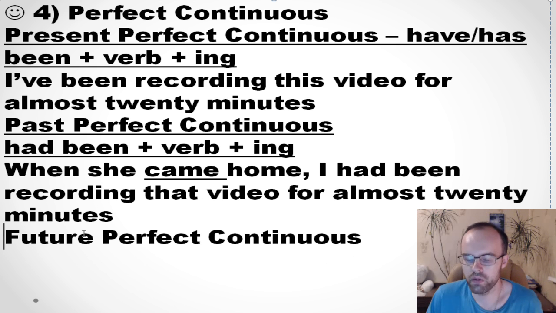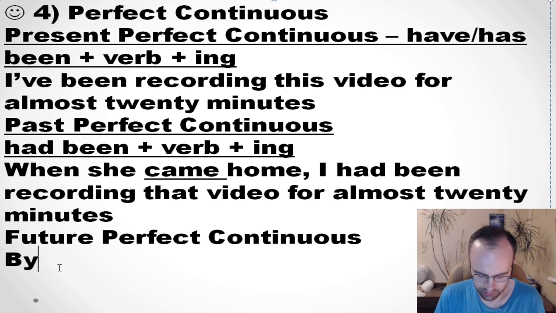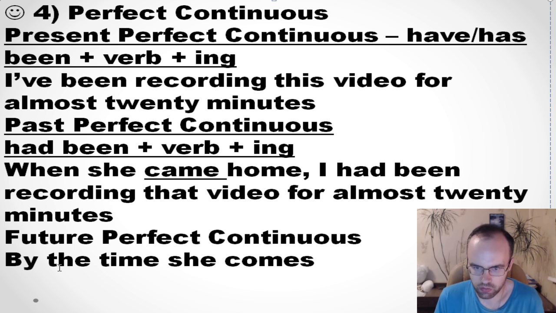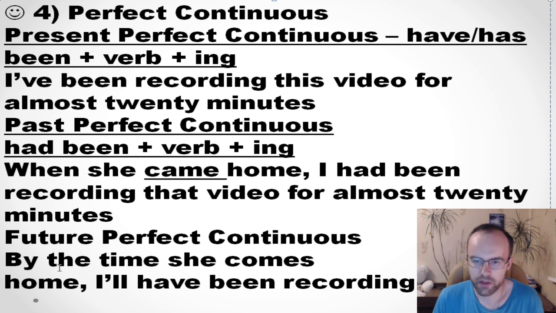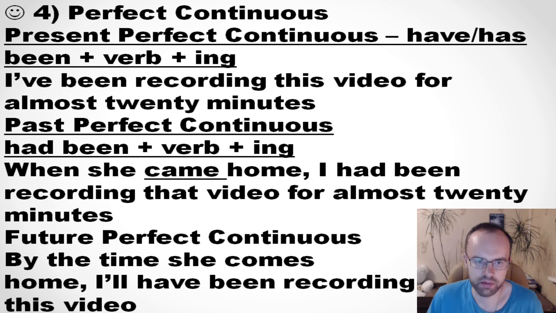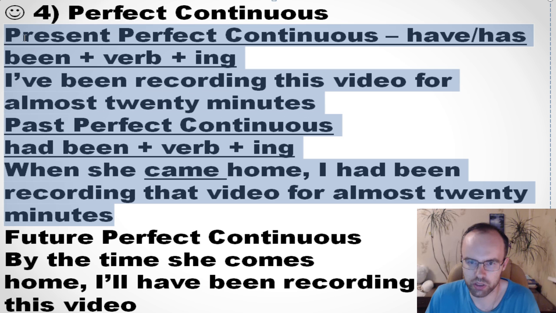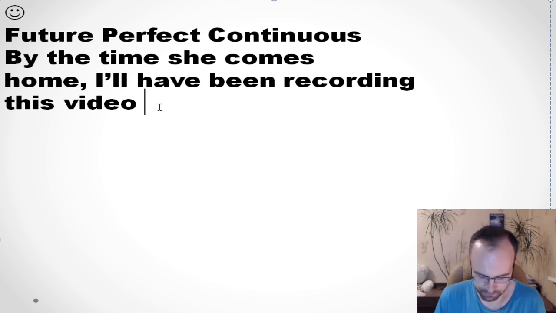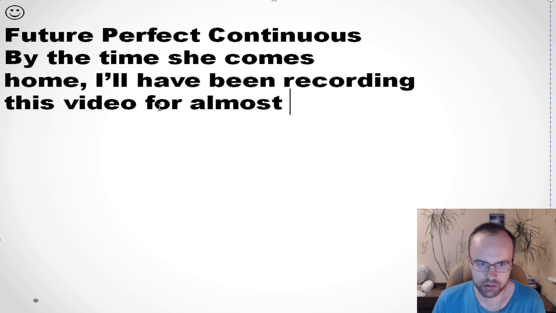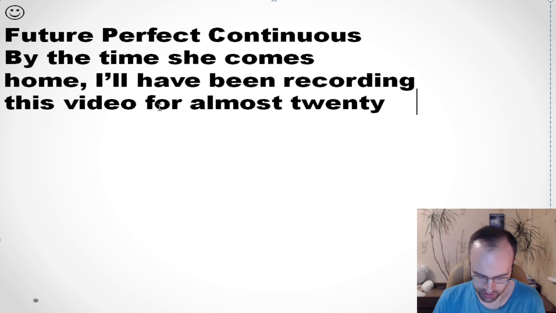And so one more tense, we have one more tense, future perfect continuous. For example, by the time she comes home, I'll have been recording this video for almost 20 minutes.